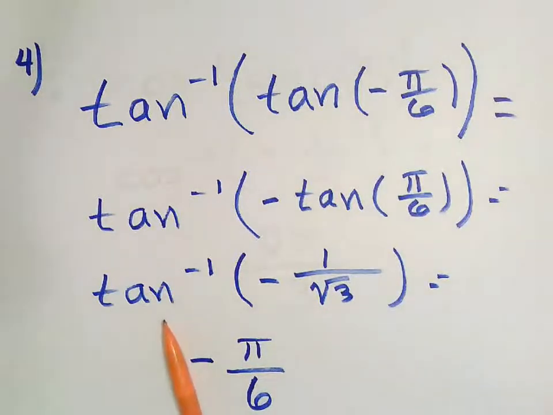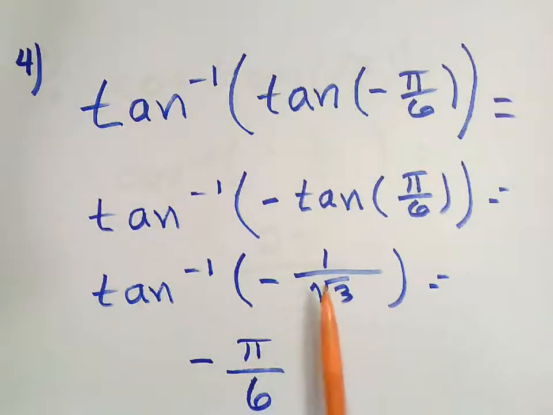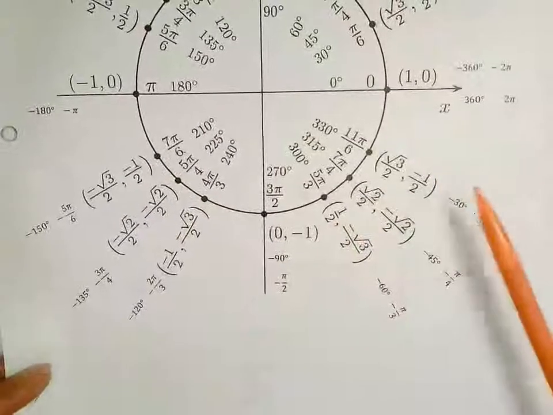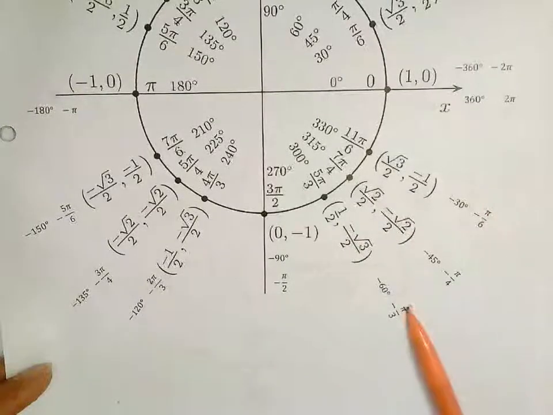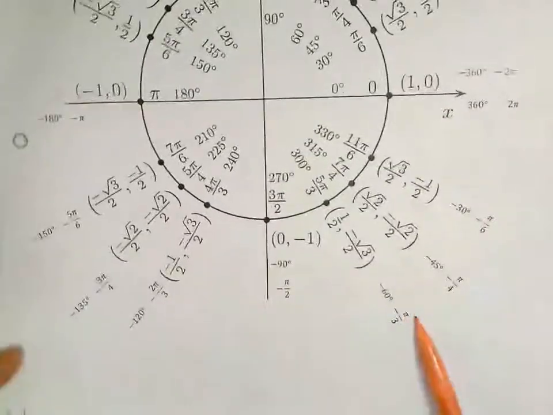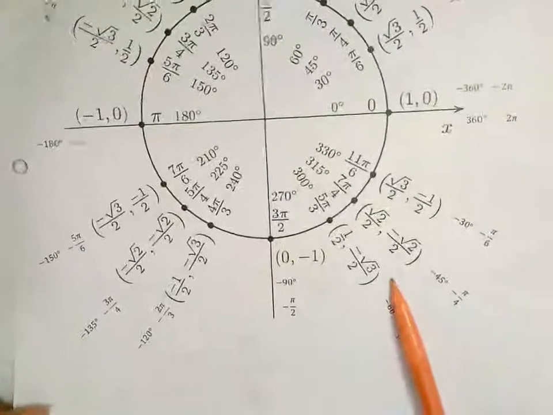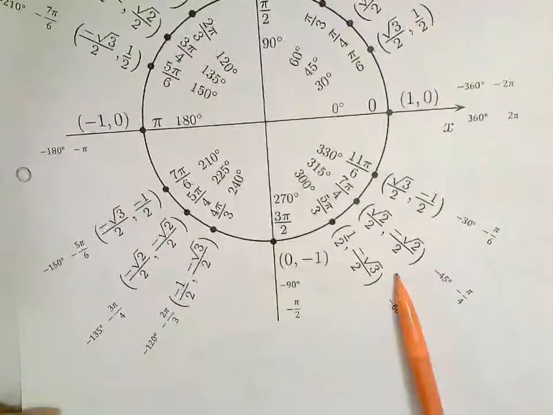We're looking for an angle whose tangent is a negative 1 over square root of 3. Well, this ratio is negative, and since it's an inverse tan, we're going to get an answer that's in the fourth quadrant between 0 radians and negative pi over 2 radians. So we go to our unit circle, and we know we're going to have a negative angle, and we're looking for the tan that's a negative 1 divided by square root of 3.